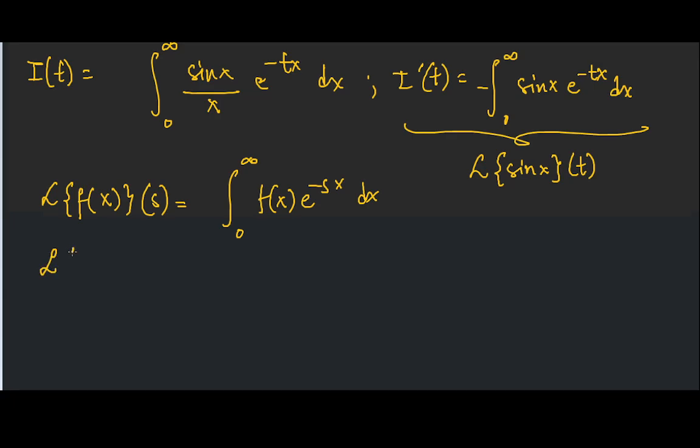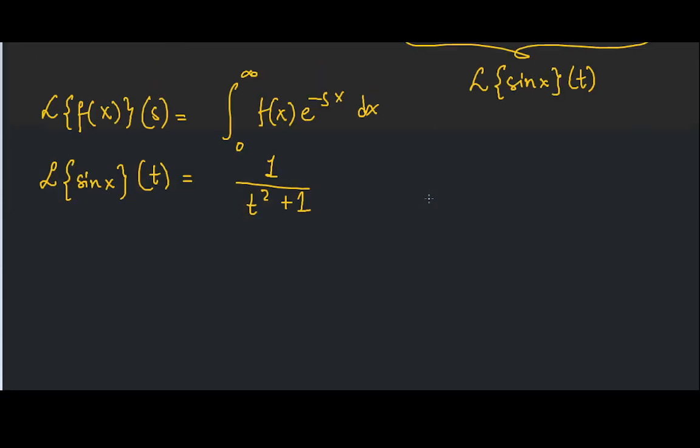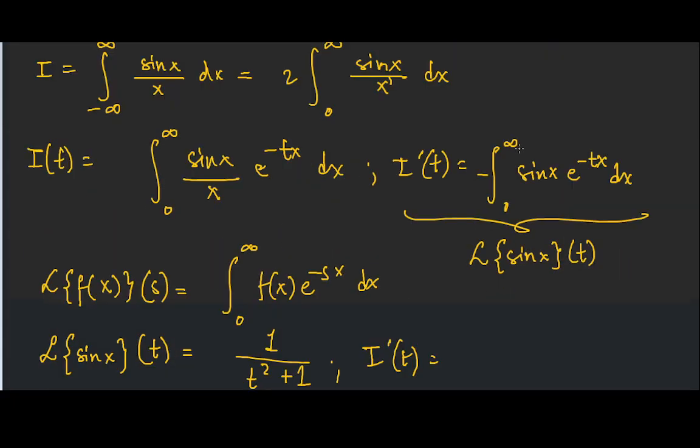The Laplace transform of sin x with respect to t would be 1 over t squared plus 1. Therefore, we have I prime of t being, remember that we have this negative sign here, so we're going to include that, negative 1 over t squared plus 1.